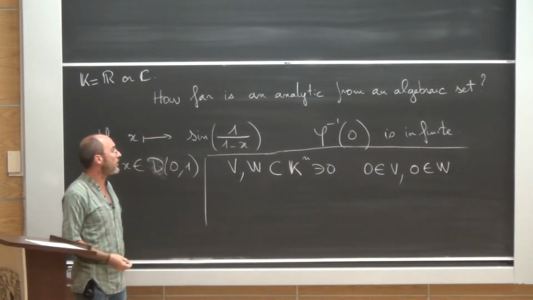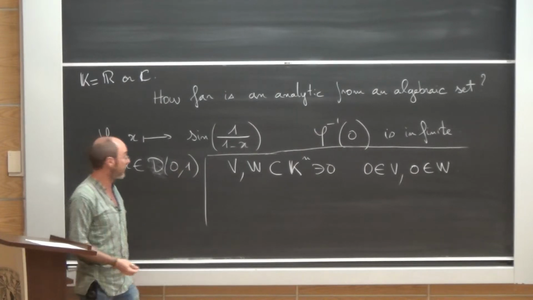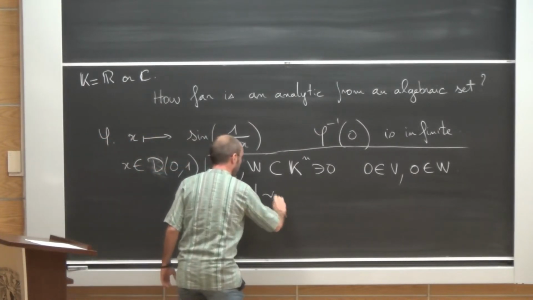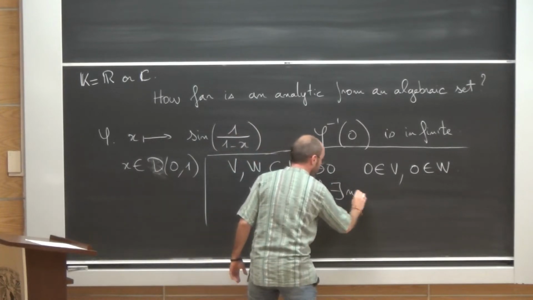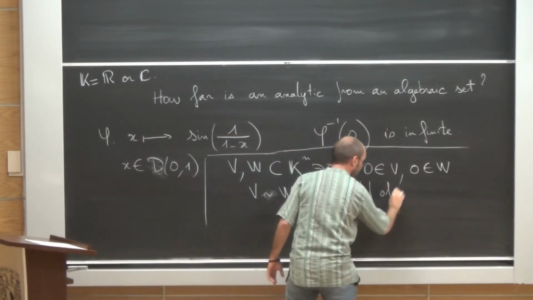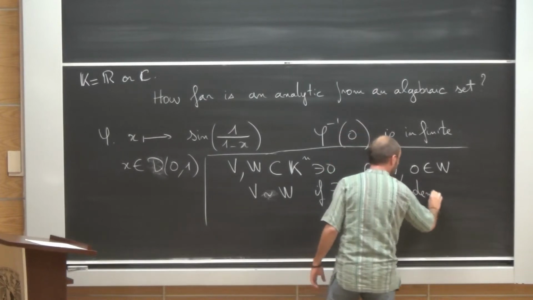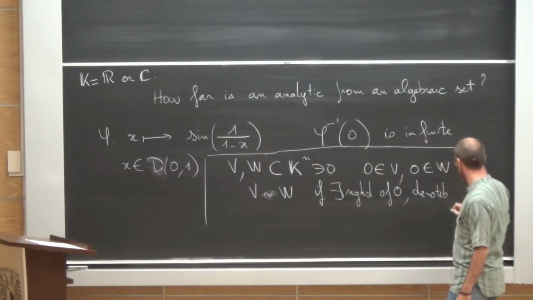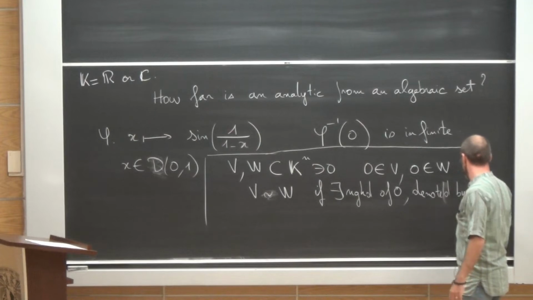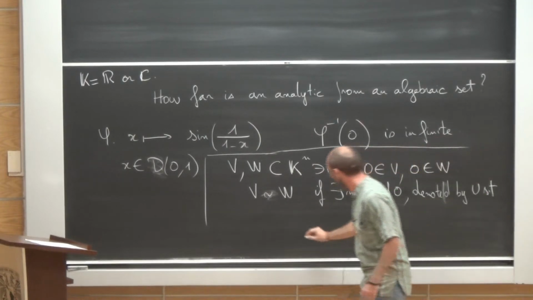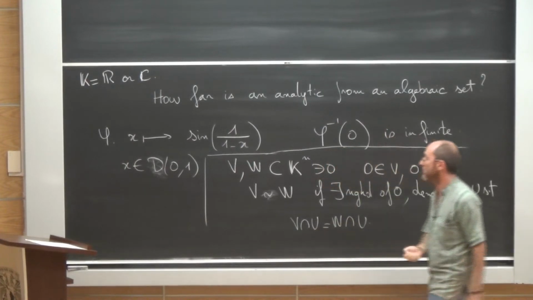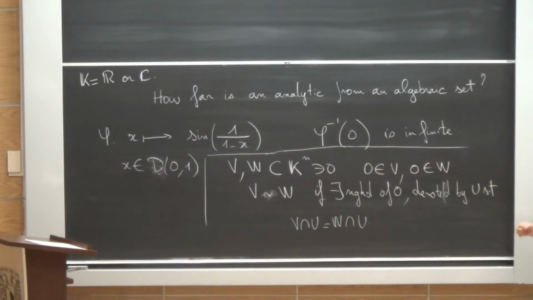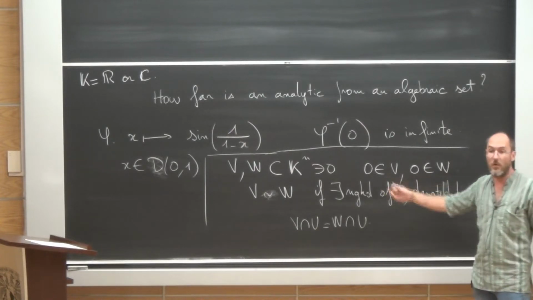And I will define an equivalence relation by saying that V and W are equivalent if there exists a neighborhood of 0, denoted U, such that V intersected with U is equal to W intersected with U. So the sets may be different, but locally they're the same. And such an equivalence class is called a germ of sets.